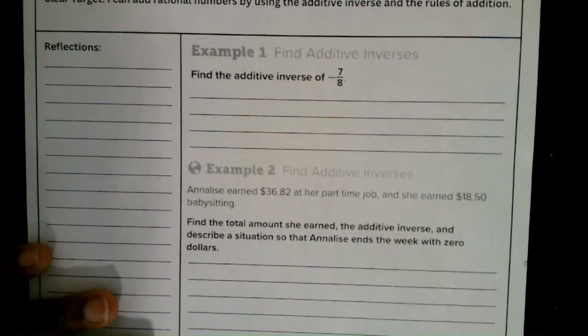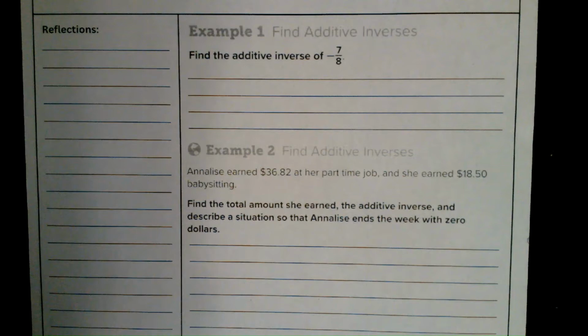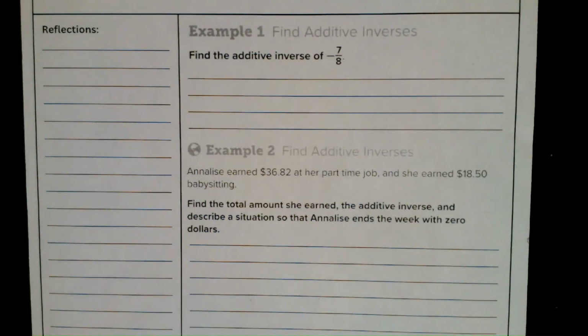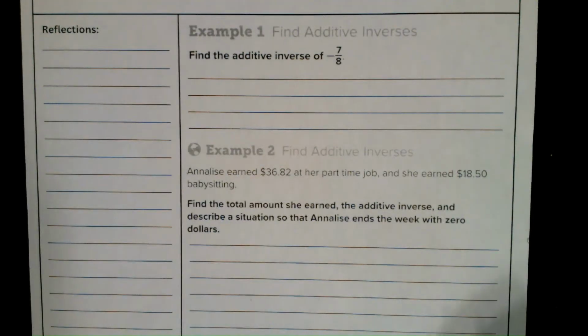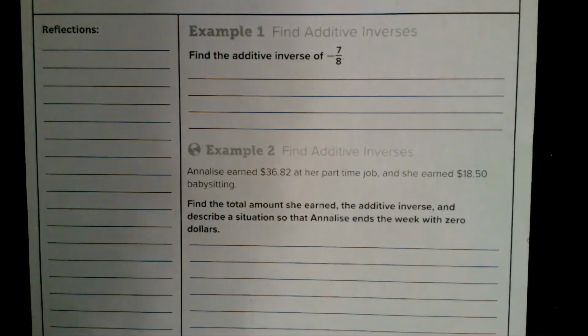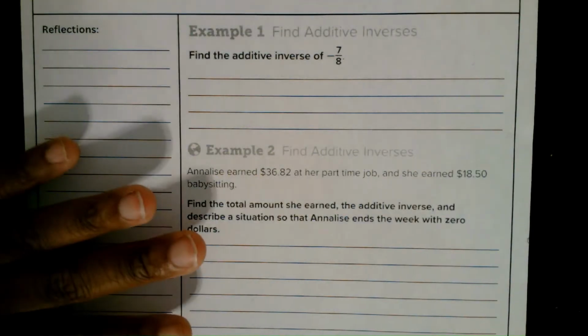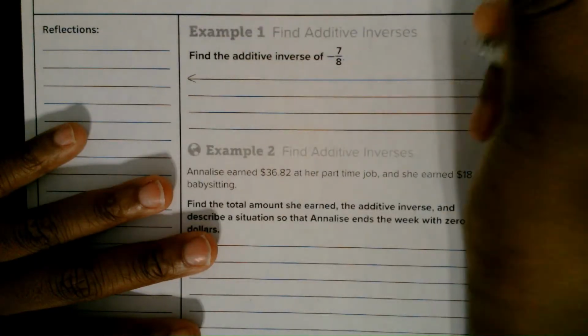The first example is asking us to find the additive inverse. So remember, the additive inverse is going to be two integers that are opposites. And opposites are integers or numbers that are represented on two opposite sides of the number line, and they're the same distance from 0. So if we wanted to find the additive inverse of -7/8, we can make this line a number line.